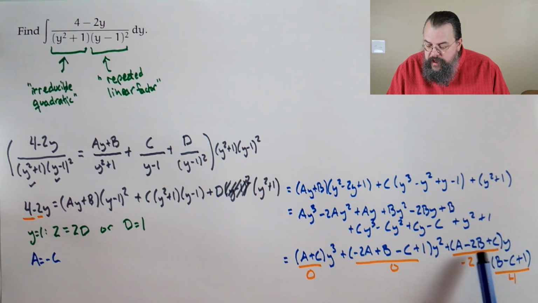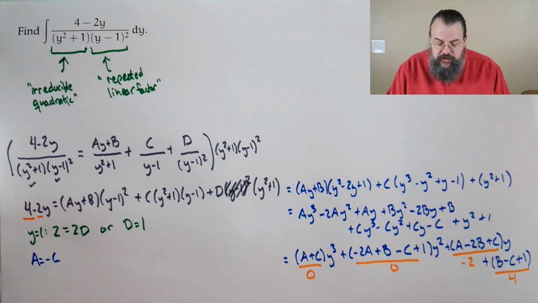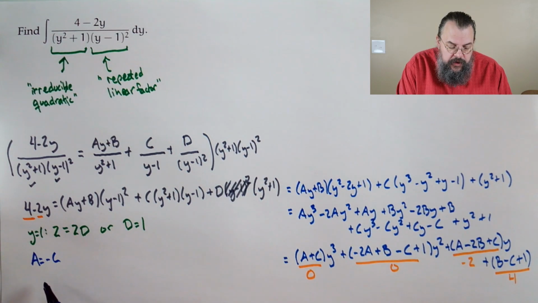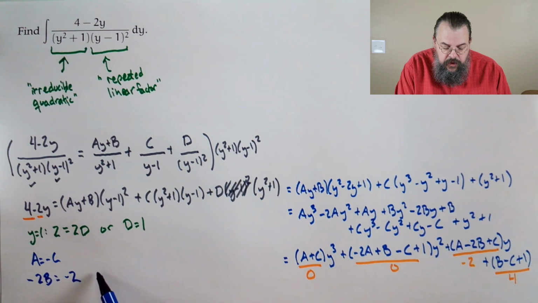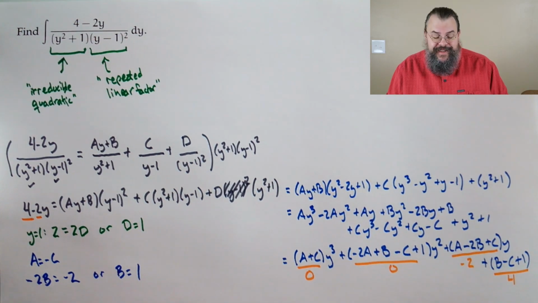A plus c has to be 0. So if I know that a plus c is 0, and a minus 2b plus c equals minus 2, I say, wow, that equation tells us that minus 2b has to equal minus 2. Ah, beautiful. B has to be 1. That's good progress. Nice.